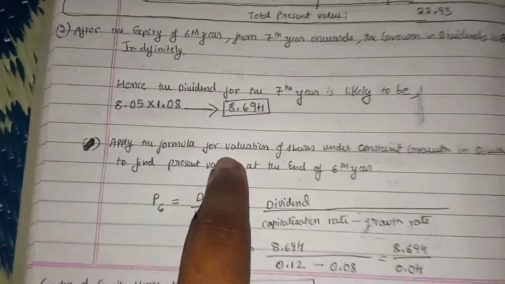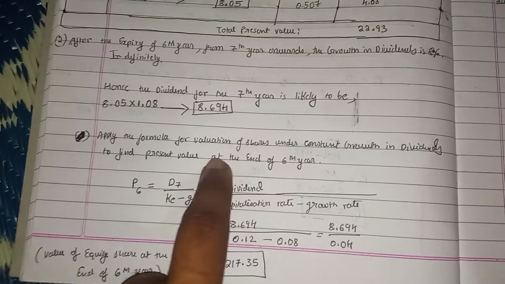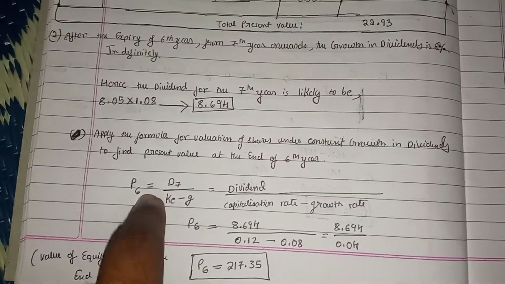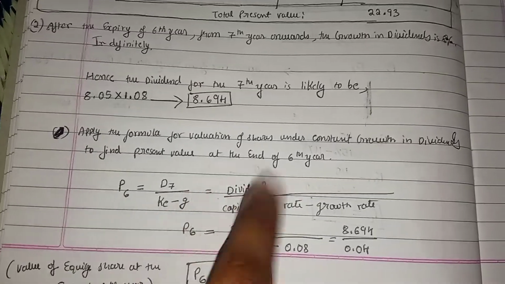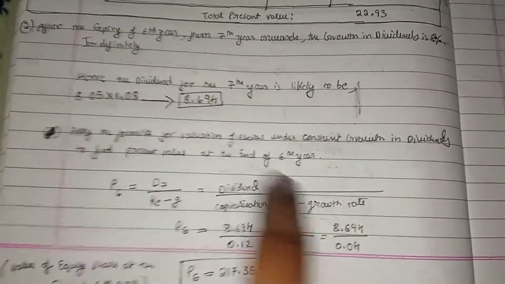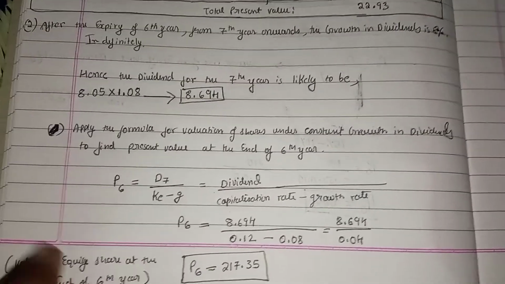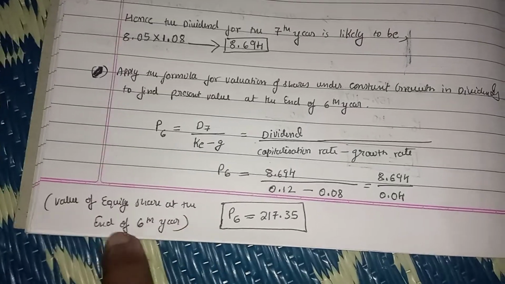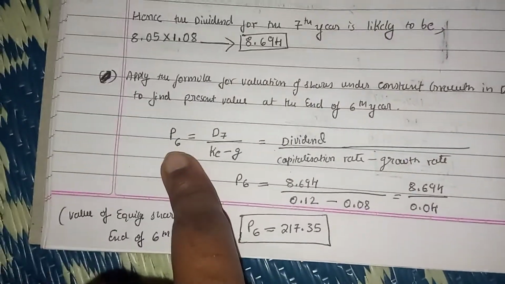Apply the formula for valuation of shares under constant growth in the dividend to find the present value at the end of the 6th year. In simple words I have written, dividend divided by capitalization rate minus growth rate. This is the symbolic representation. For the 6th year you are finding the valuation of the equity share at the end of the 6th year, that represents P6.